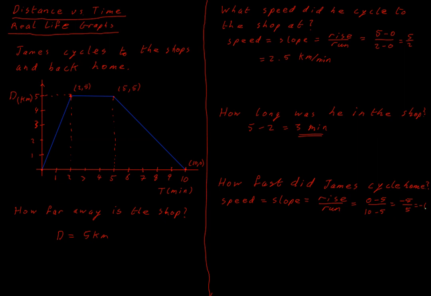Now this is the slope. This is perfectly mathematically true. We often don't talk about negative speeds at junior cycle. We will in Leaving Cert, but at junior cycle we often don't talk about negative speed. So if you wrote down speed was equal to minus 1 kilometers per minute, you would get full marks for it.